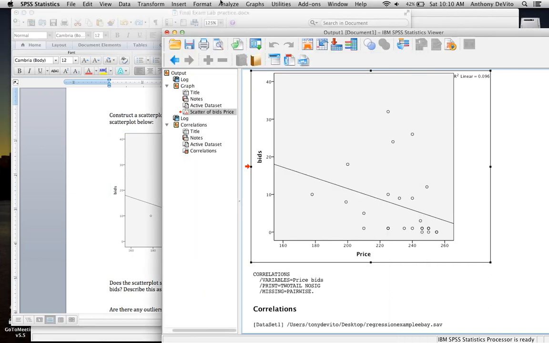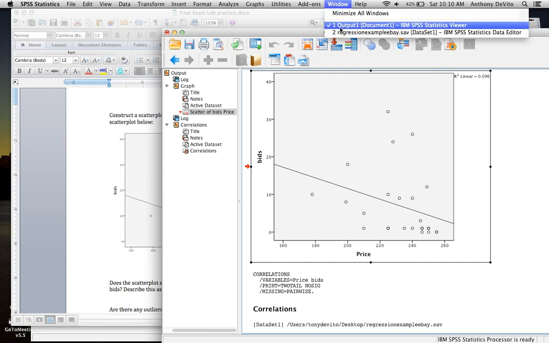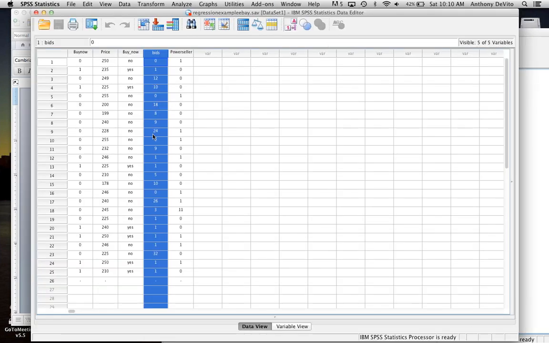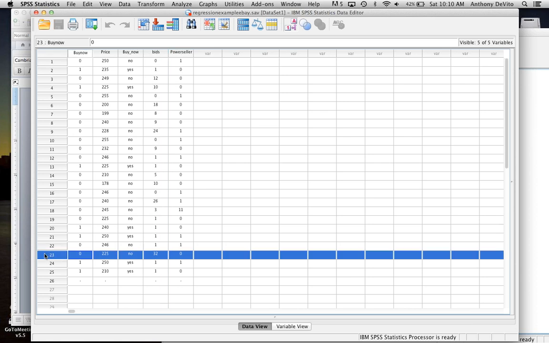So I can go back to my data set and let's see, where's the value for 32? Here we go. Note that when we listed it for $225, we got an unusually high number of bids, right? And we might want to examine that.